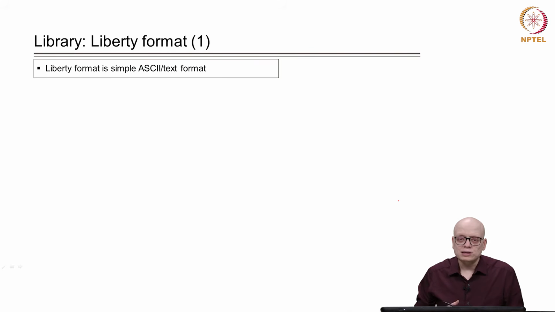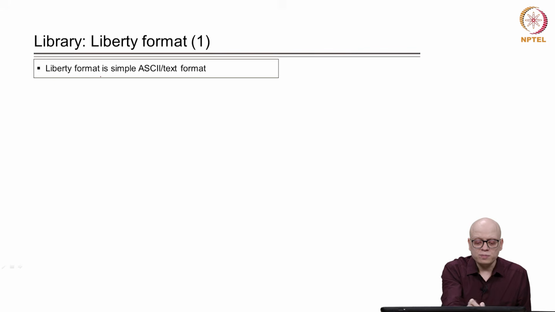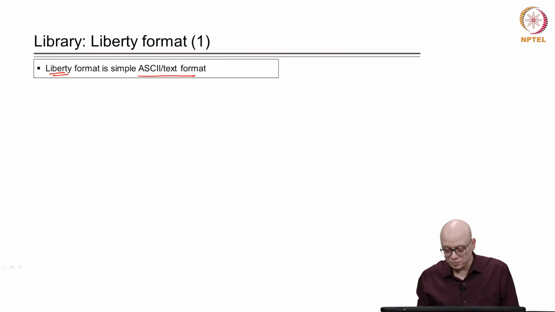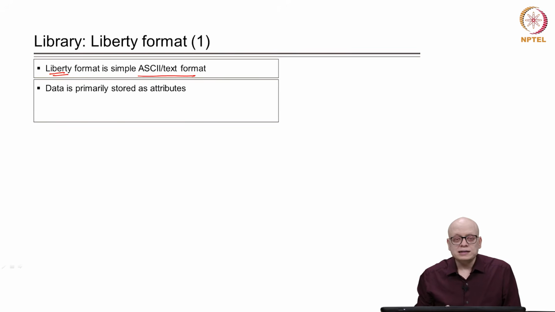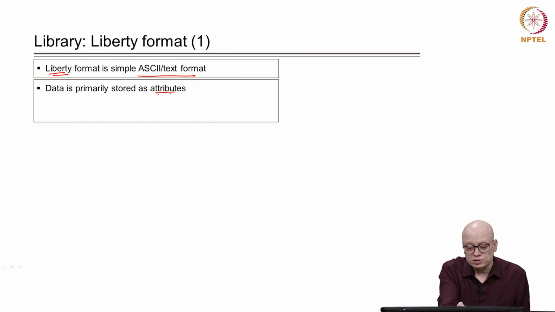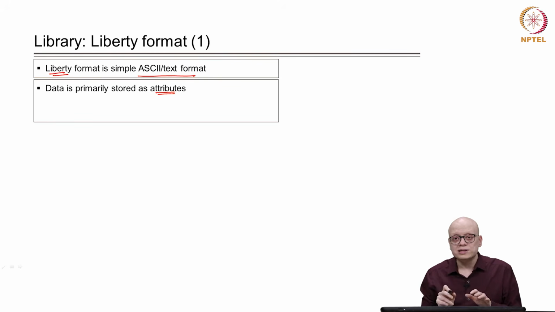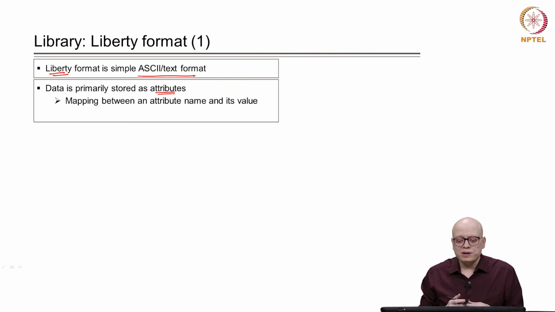Now, what is the format in which we keep the information in the library? The format is Liberty format, and as we discussed, it is an ASCII or text format. In Liberty format, data is primarily stored as attributes, so there is a mapping between an attribute name and a value.